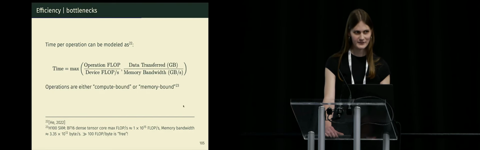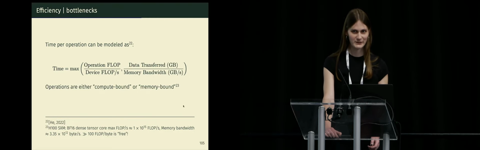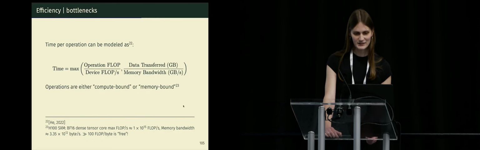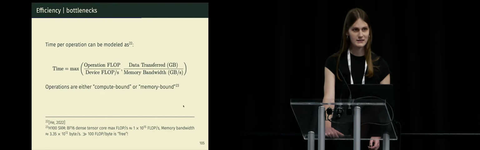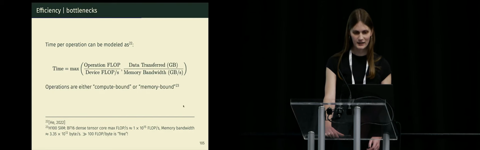So a simplistic view of how these different accelerator quantities trade off against each other is to measure the amount of time taken for a single step of LLM inference, such as performing a ReLU nonlinearity or performing a matrix multiplication in our feed-forward layer. Here, the time that a single operation takes will be determined via the maximum of either how many floating point operations this step takes divided by how many floating point operations per second we can deliver, or the amount of data that must be transferred around the chip divided by how fast we can transfer that data.